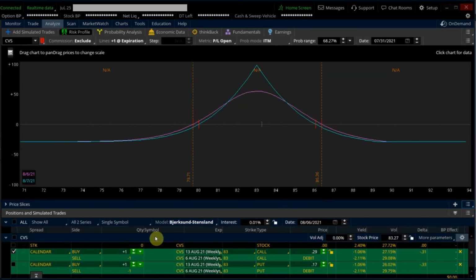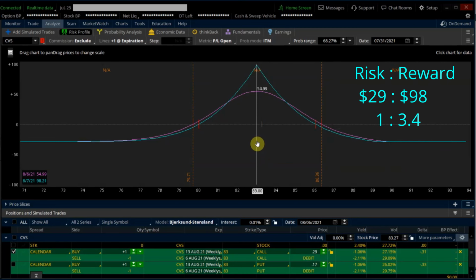So if you look at this particular call calendar spread, my max loss for the trade is actually the cost to enter my call calendar spread, which is 29 cents or $29 over here. And my max profit that I could potentially gain from the call calendar spread, even though it's not really possible, is actually the green line, which is around the $98.21 mark over here.